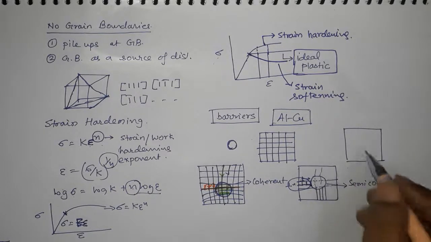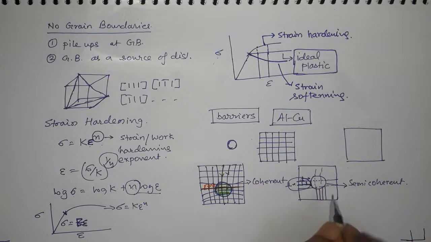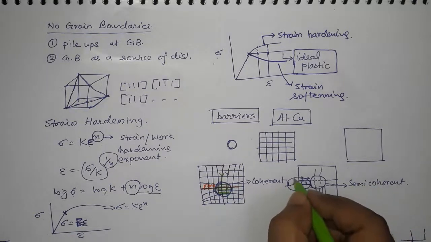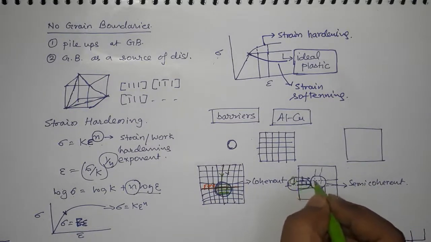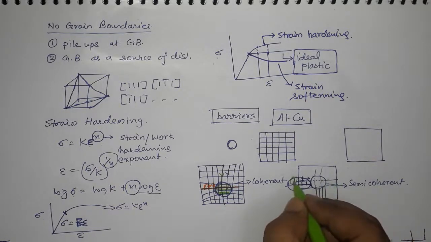Then you will have the final stage where you will have no matching at all. In this case, the precipitate forms by creating dislocations at the non-matching surface. You know what I mean? So let me name these things. The first layer has a matching inside the precipitate, that is one.